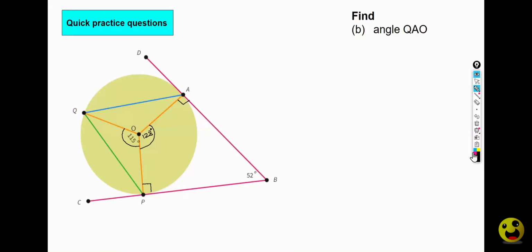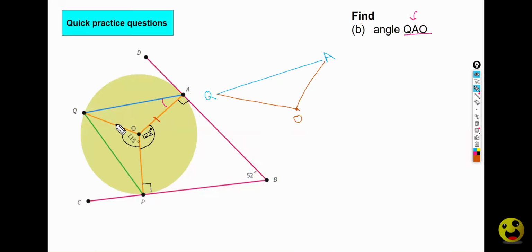So in part B, they're asking us to find angle QAO. It's the middle letter. Trace the 3 letters, Q, A, and O. It's this angle here. Now, if you look carefully, let me draw back that scenario. That's this blue line here, Q, A, and the 2 orange lines.